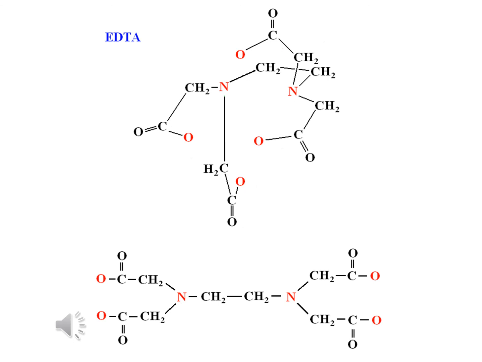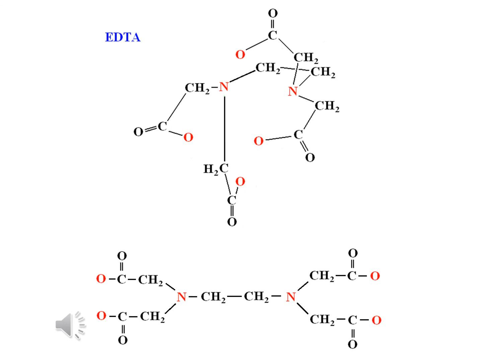If you stretch it out, you can see what the structure is at the bottom of this slide. The part of the molecule that's in the middle is the 2 carbons and 2 nitrogens, ethylene diamine, and it has 4 acetic acid groups attached. That's the reason why they call it ethylene diamine tetraacetic acid, and that's what EDTA stands for.